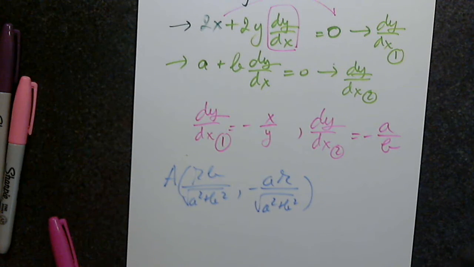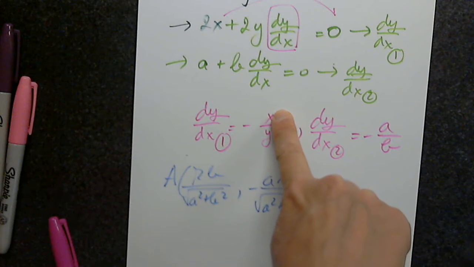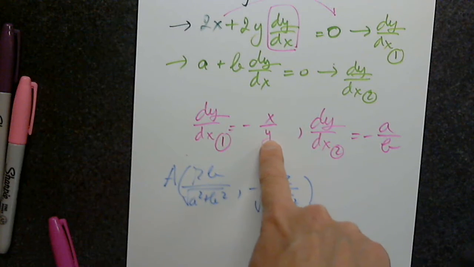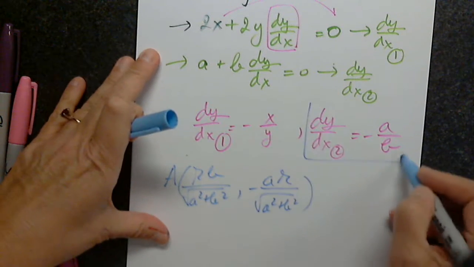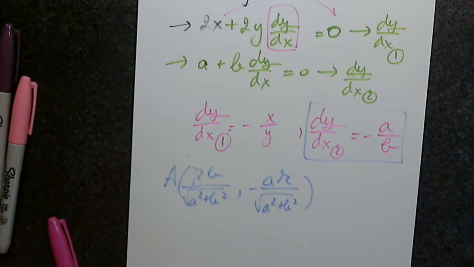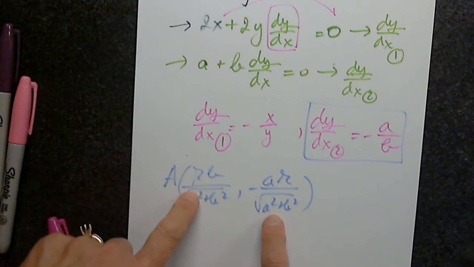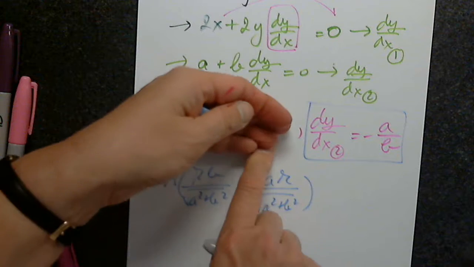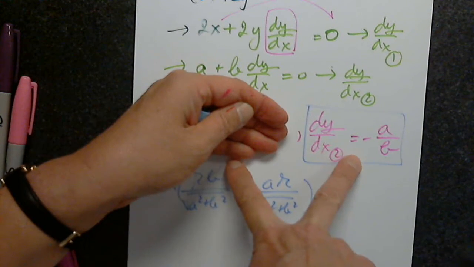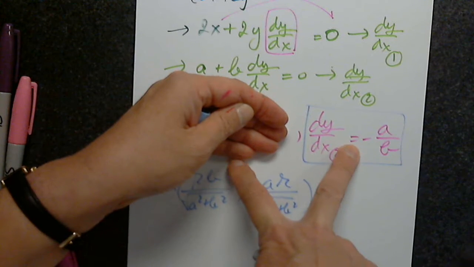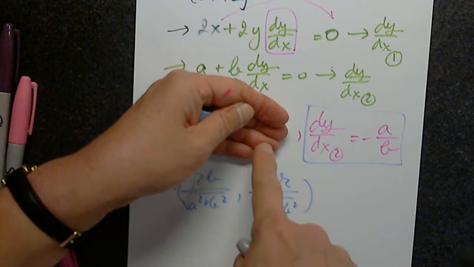So, if I plug in x here and y in here, there's nothing I can plug in here. This is fixed. It's just negative a over b. There is nothing I can plug in there. But once I plug x in here and y in here, what should I get for these two slopes? The product of these two slopes to be -1.